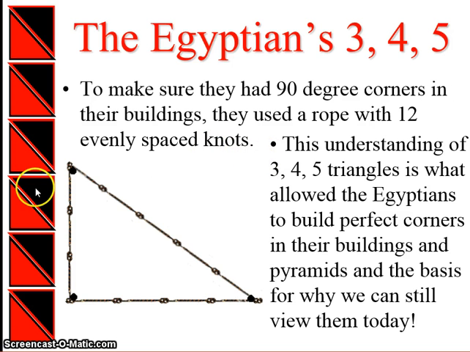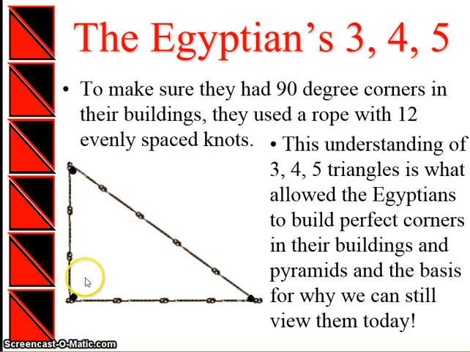If you hold them along the first, the fifth, and the third from last knots, you can see that there are 3 even spaces on one side, 4 even spaces on the other, and 5 across the longest side, which is called the hypotenuse.